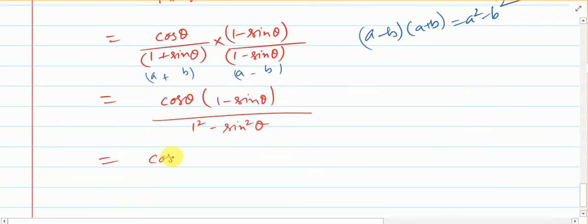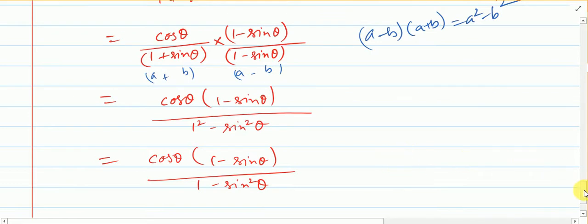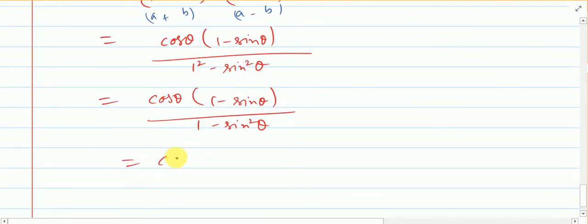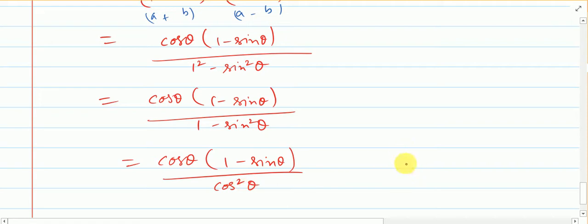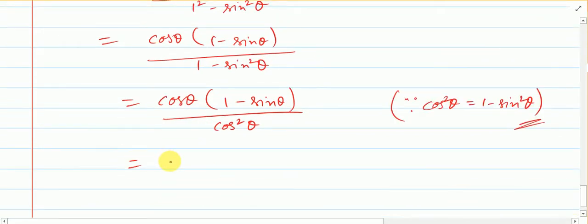But one minus sine square theta is equal to cos square theta. So we'll write cos theta into 1 minus sine theta upon cos square theta. The reason is cos square theta is equal to 1 minus sine square theta.